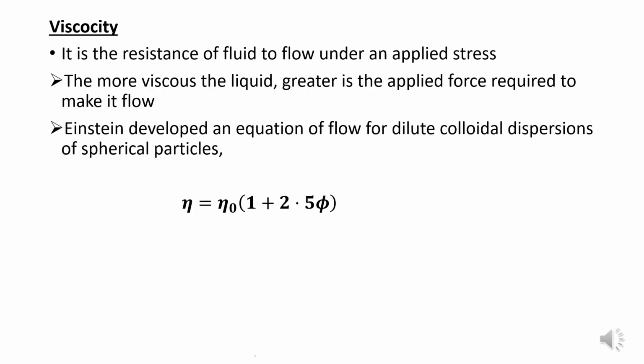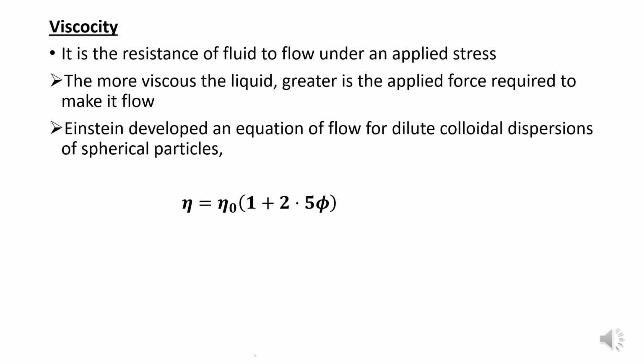The last kinetic property is viscosity. Viscosity is the resistance of a fluid to flow when stress is applied. A more viscous liquid, like honey, requires greater force to make it flow compared to a less viscous liquid like water.